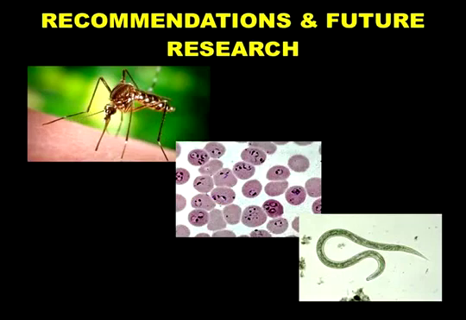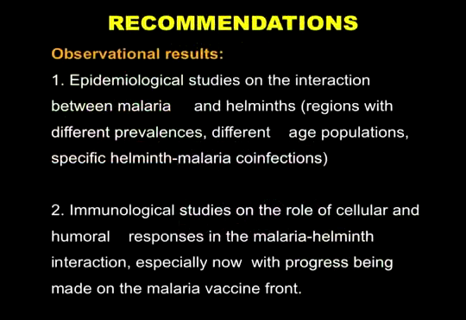I'd like to suggest a few recommendations from this study. From the observational results: maternal infections increasing childhood malaria, child infections increasing childhood malaria. I believe further epidemiological studies are still necessary, especially looking at areas with different prevalences.